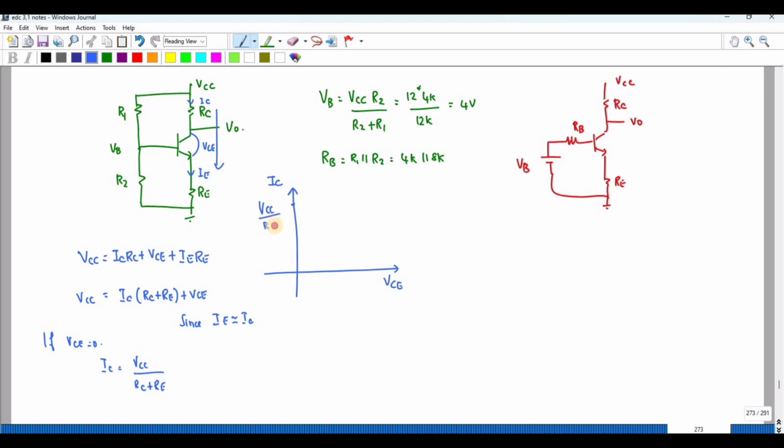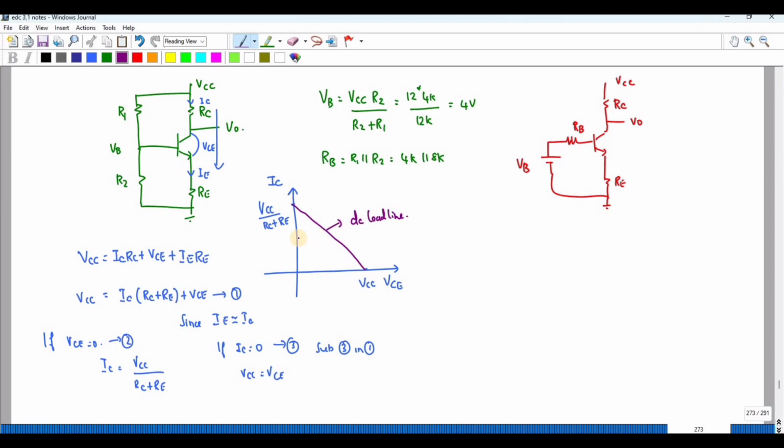In a similar way, at this other point the IC value is 0. If IC is equal to 0, substituting in the equation, you will get VCE is equal to VCC. So I can plot this line, and this line is nothing but your DC load line.